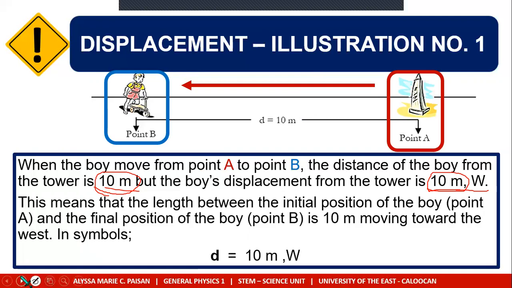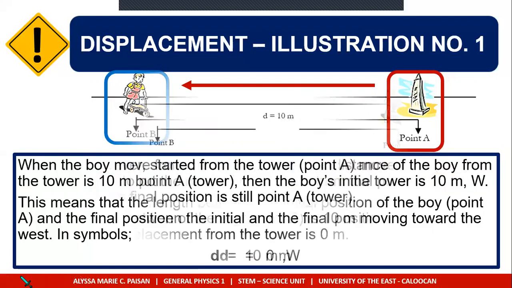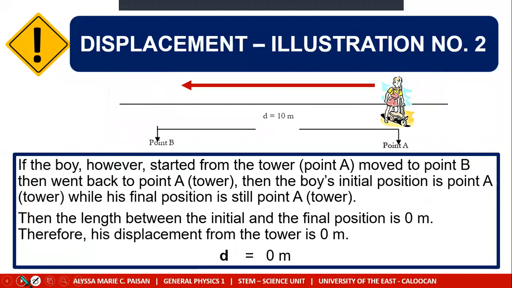Now, how about if the object changed direction, specifically, it went back, or the boy went back towards point A, the tower, where he came from originally? What would happen to the distance and the displacement? Oh, so nandito pumunta siya indicated by the red arrow, and then he went back indicated by the blue arrow.